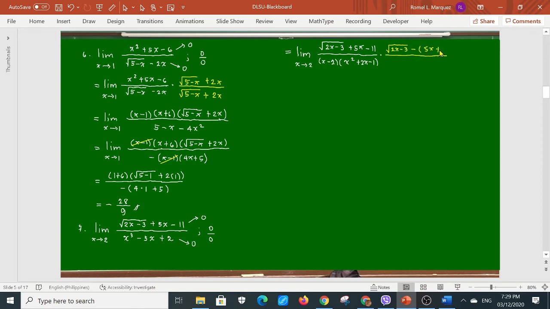Yung minus, so minus tayo ngayon. 5x plus 11, no? Yan yung conjugate niya. So, square root of 2x minus 3. Pag kayo nag-evaluate ng limit na kung ano-anong pinaggagawa nyo, halimbawa, sinasubstitute nyo dyan, limit is equal to, lalagay nyo, equal 0 over 0, it means you are from the other side of UP. Sa mga gilid-gilid dyan, or ng Ateneo. No?